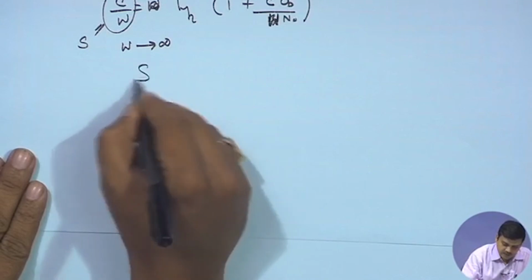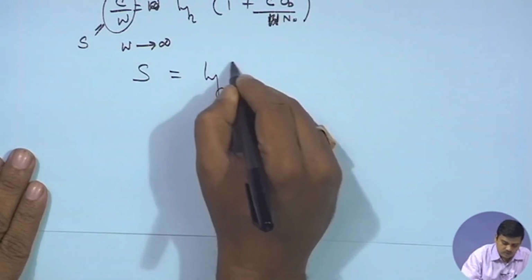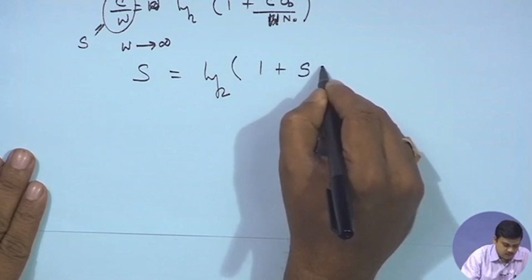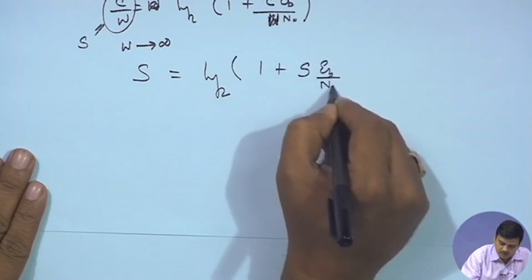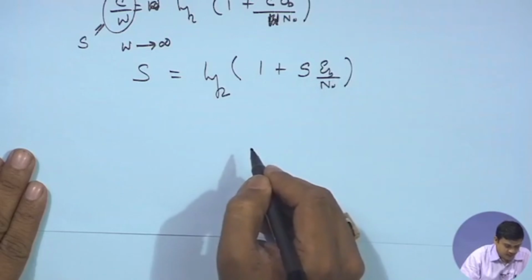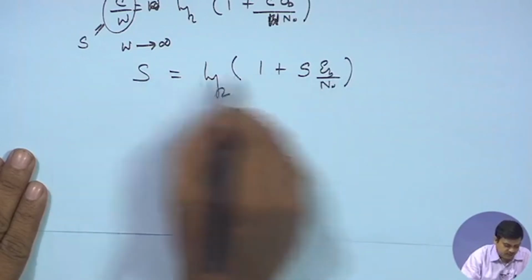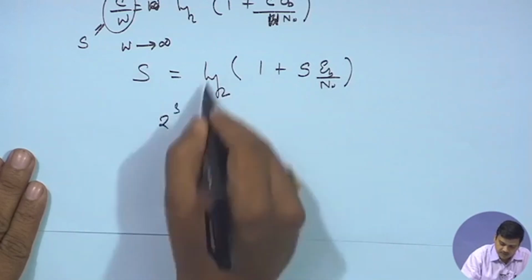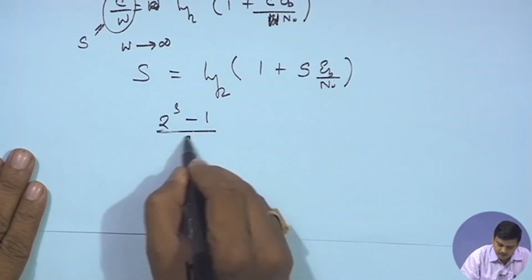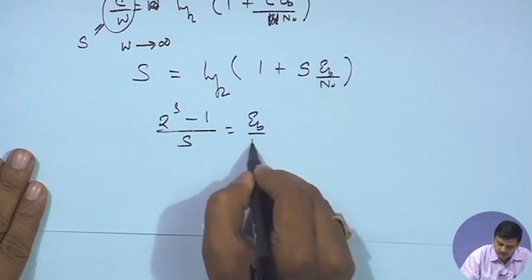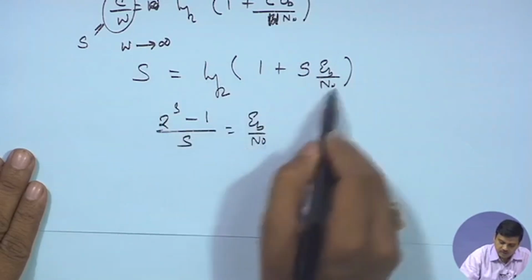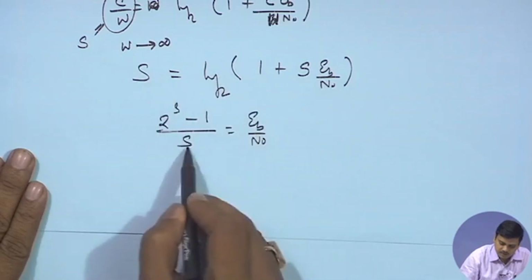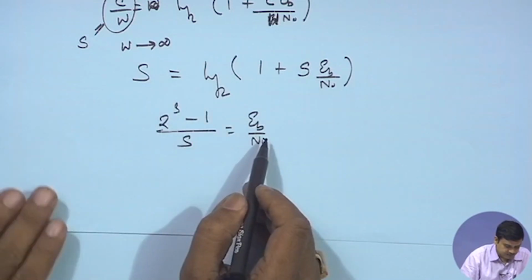We would write S is equal to log base 2 of 1 plus S Eb by N naught, and then from this, by change of sides, we could write 2 to the power of S minus 1 upon S is equal to Eb by N naught.